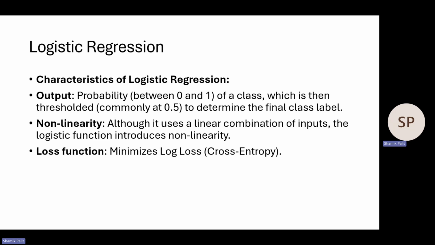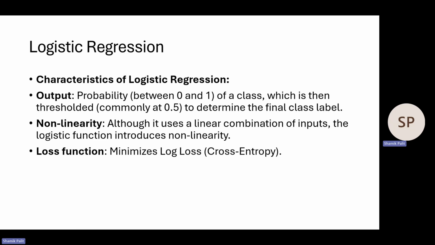Non-linearity is one of the core characteristics of logistic regression, whereas linearity is the core characteristic of linear regression. Here also our main intention is to minimize a loss, but the loss function is a little different, known as the log loss function, which we use in logistic regression.